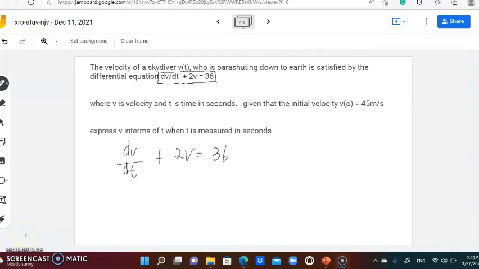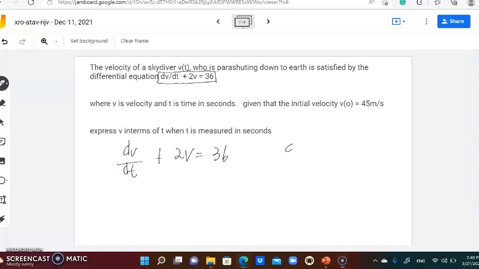So we know that the skydiver is diving down, and he's satisfied by the differential equation dv/dt, which is acceleration, the rate of change of velocity with respect to time, plus 2v equals 36.